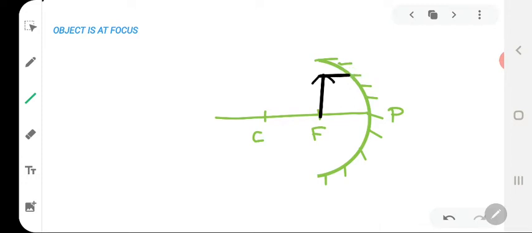The first one obviously passing parallel to the principal axis goes through the focus, and the second one, let's consider the ray of light which is traveling through the center of curvature.